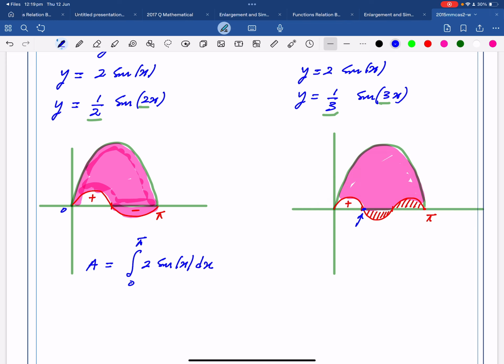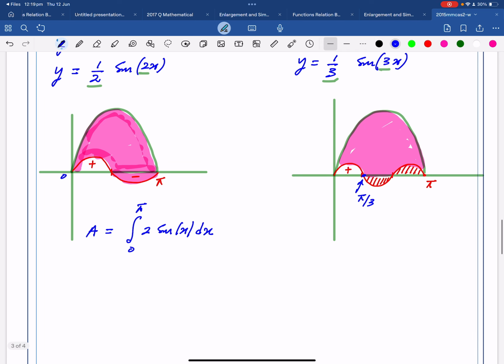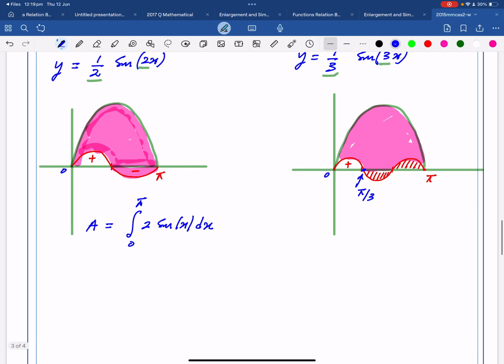This coordinate is going to be pi divided by 3 in this case, so 0 to pi divided by 3. What you can do is, first, integrate from 0 to pi the function 2 sine x dx, which will give you this whole thing.